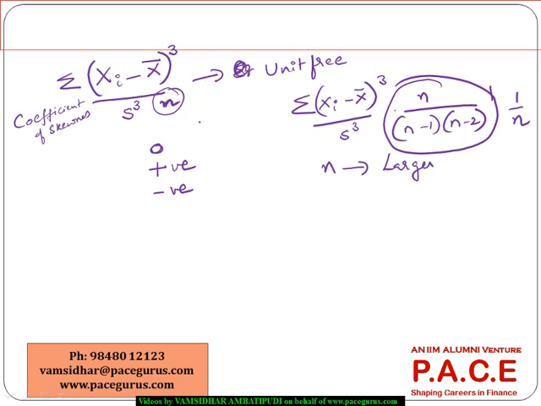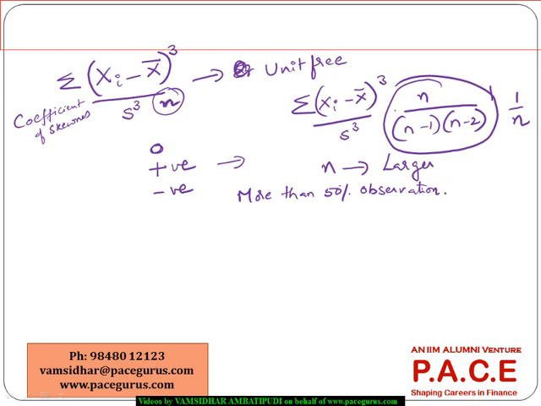Whenever the skewness is positive, the mean is greater than the median, which means more than half, or 50%, of the observations are lesser than the mean, because the median is the one that divides the data into two.